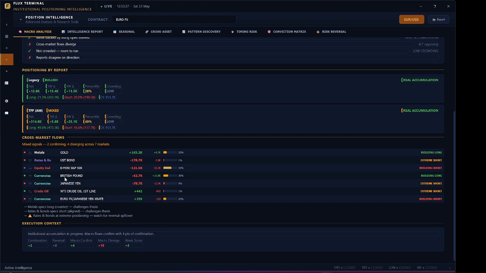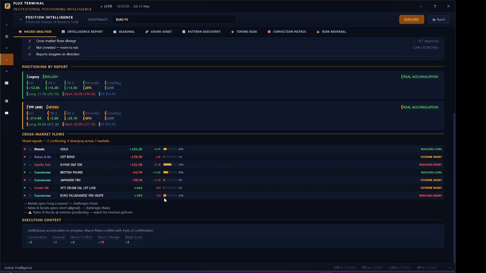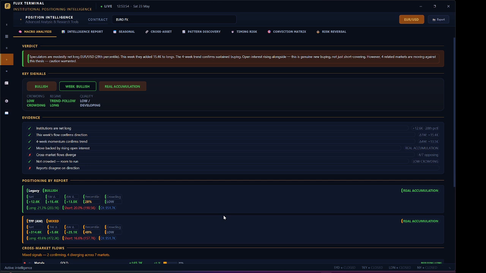The other currencies are also affecting Euro USD, for example British pound, Japanese yen, and then we have Euro Japanese yen, or I should say the Euro JPY position at CFTC in the code repo. It summarizes everything for you and tells you what is actually happening, how they're affecting Euro USD, and what the institutional positions are on the Euro USD.